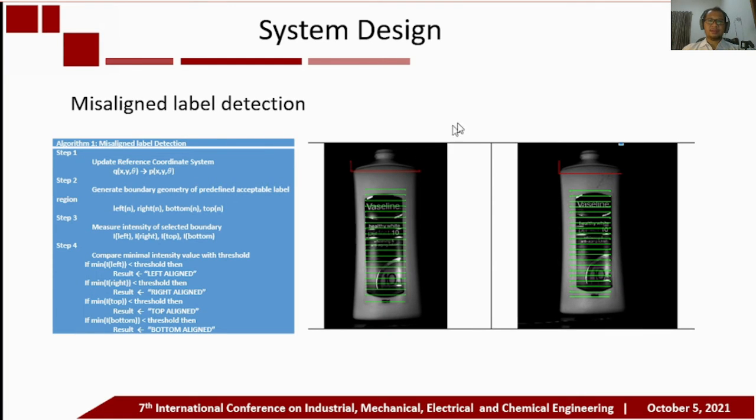And then we apply the algorithm to detect the misaligned label. The algorithm makes some lines and then detects the line intensity. From the line intensity, we can know whether the label is misaligned, left or right.